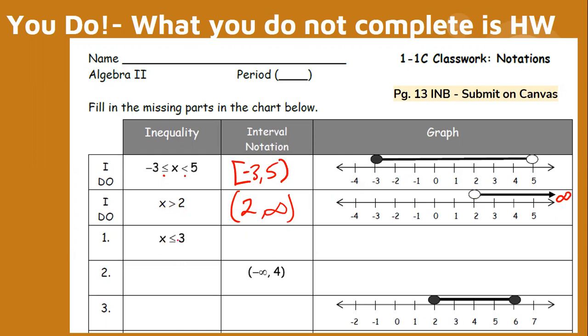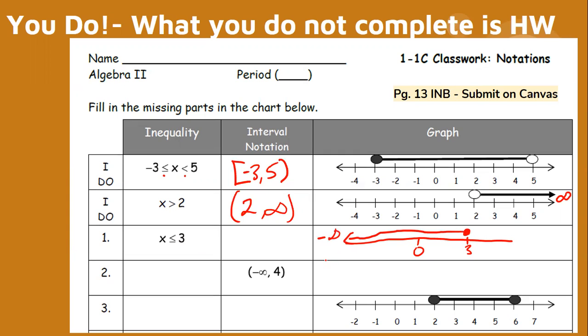Okay, so here we have x is less than or equal to 3. And so I'm going to draw the graph, because sometimes having the graph helps you start it off. So I'm going to put a 3, and I want to be less than. So if I'm less than or equal to, that means I'm a closed circle and I'm heading to the end. What number am I heading to?